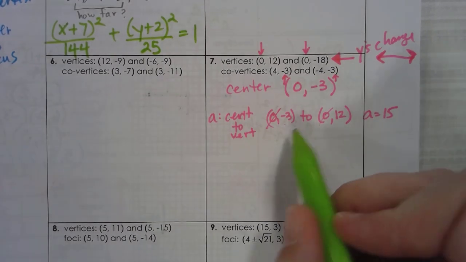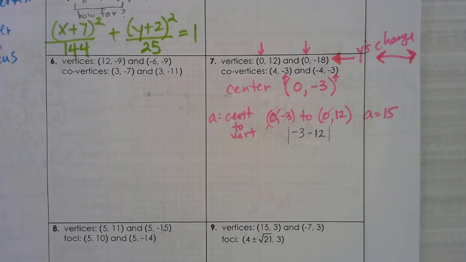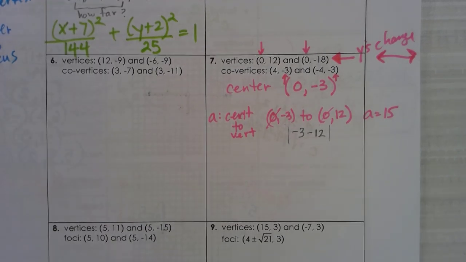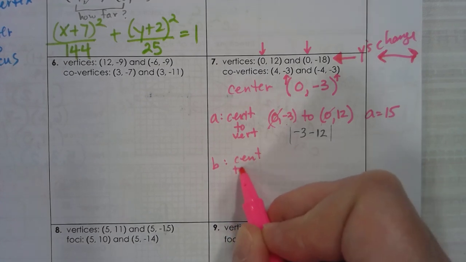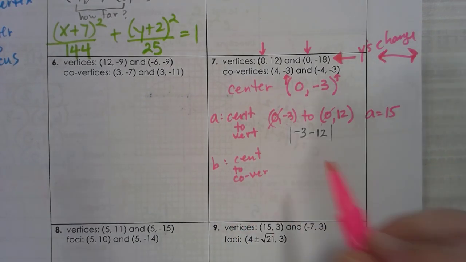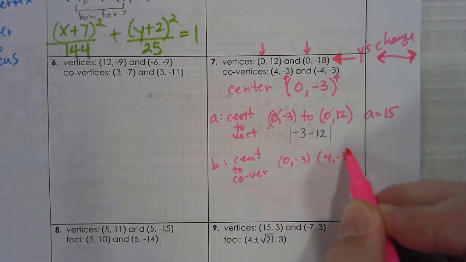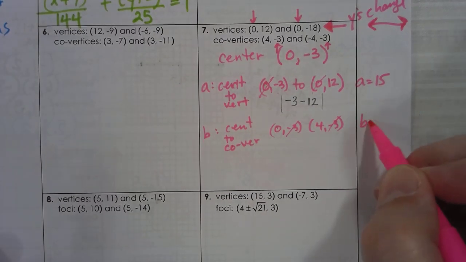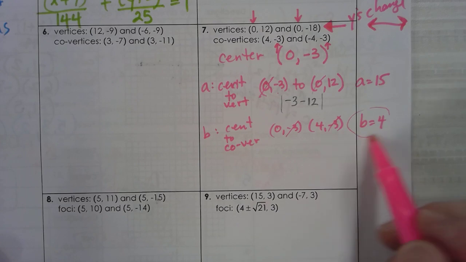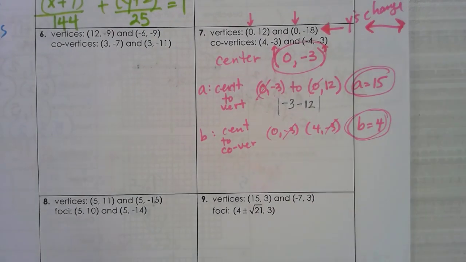If you wanted to do the math, you could do -3 take away 12, and then just drop off the negative sign if you needed to type it into your calculator. B is our center to the co-vertices, which is 0, -3 to 4, -3. I don't care about the -3s, so that's 4. Now I have A and B and our center, and we know which direction it goes, so we can write our equation.